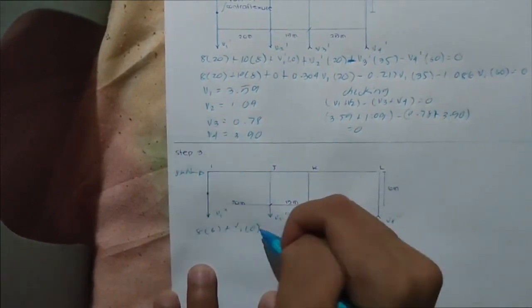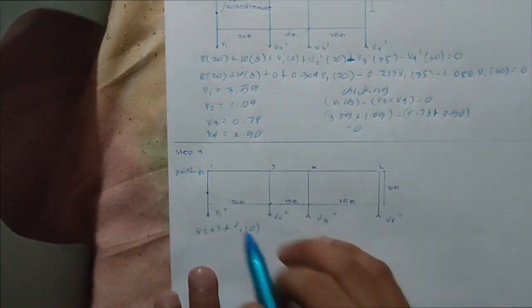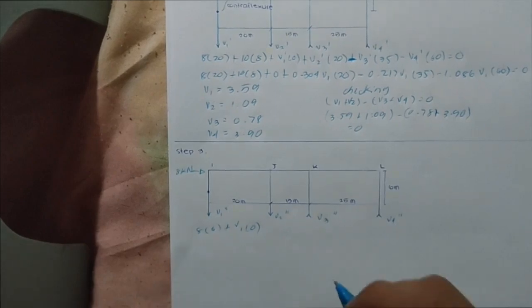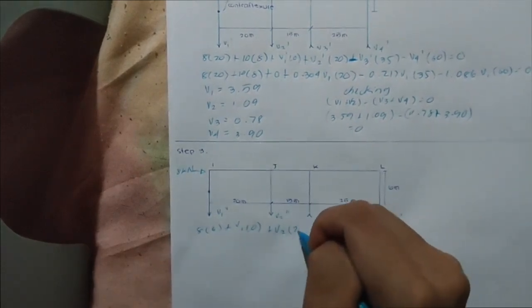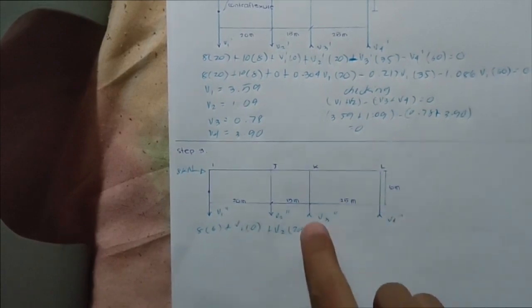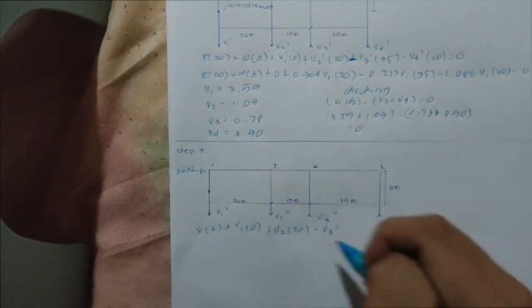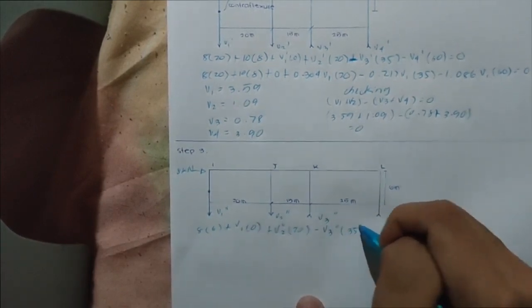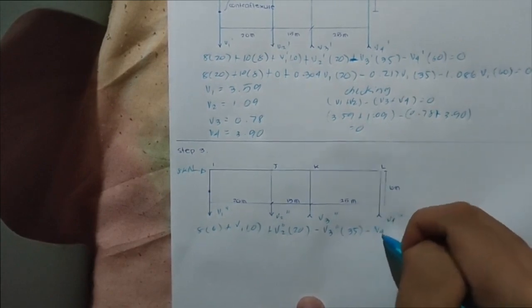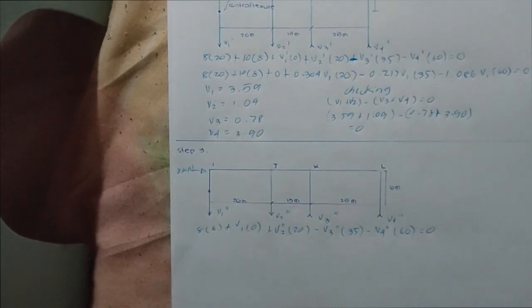V1 times 0, since the distance is 0, since this is the point of contraflexure. So plus V2 times 20, minus, since counterclockwise, V3 second floor times distance 35, minus V4 second floor times the distance 60 is equal to 0.